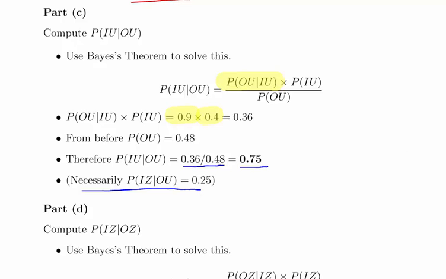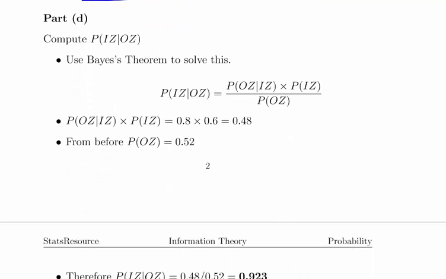Again, use the Bayes theorem formula here. Use Bayes theorem to solve this. We're asked for the probability that the input was 0 given that the output was 0. So that is the probability of the output being 0 given the input was 0, times the probability of the input being 0, divided by the probability of the output being 0. This is Bayes theorem, which is essentially an extension of the conditional probability formula.